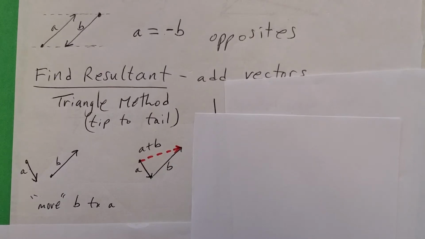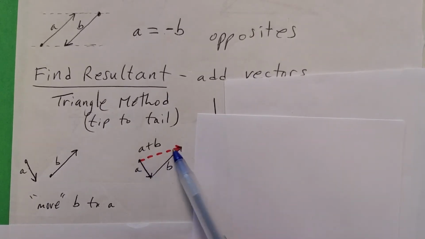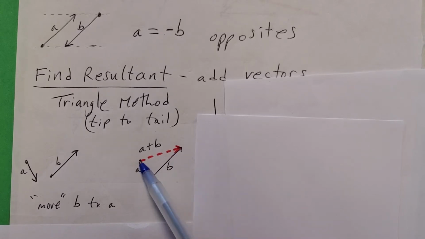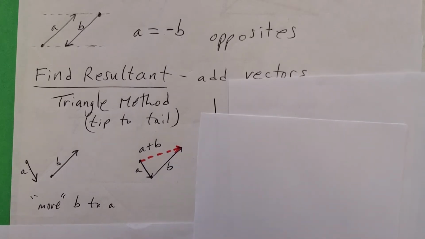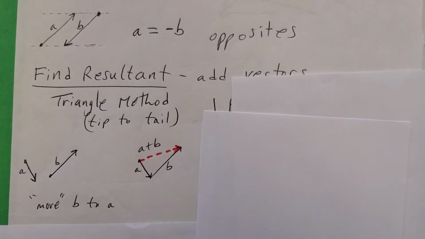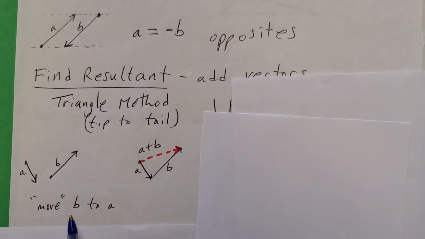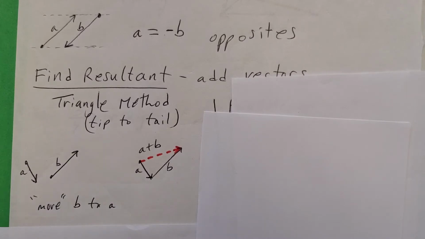So the resultant, the sum, would be this dotted part that's in red. You started here, you went to here, then you went to here. So the resultant was you started here, you ended here. I'm done. I added these vectors by moving one to the other, tip to tail.